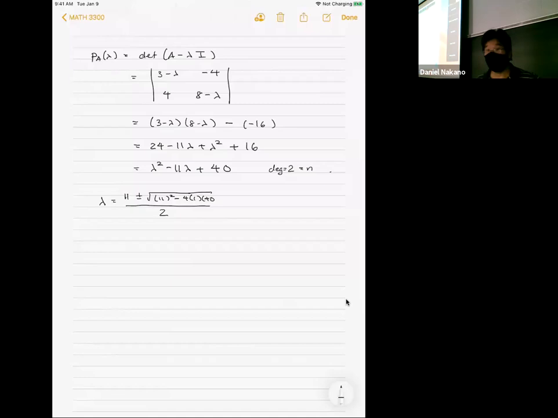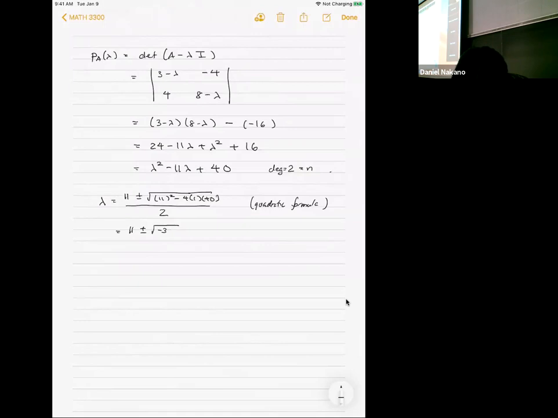Okay, everybody all right with that so far? Okay, this is the quadratic formula. Let me just write it in. All right? Okay, so now we just have to simplify things. So this is going to be equal to 11 plus or minus the square root of, let's see, minus 39.